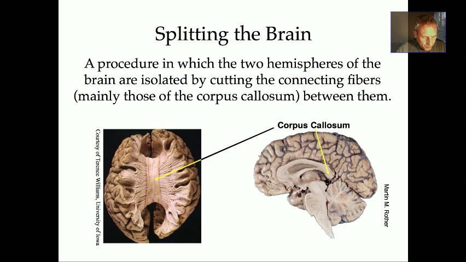But then, through a series of operations called split brain operations, and the tests that came about on those patients who essentially had their brain split into two, we found out that each hemisphere had pretty specific kinds of abilities.